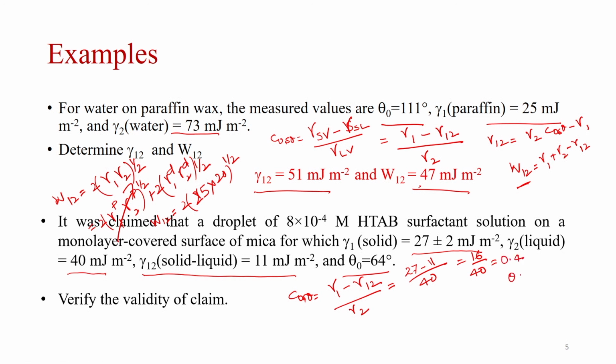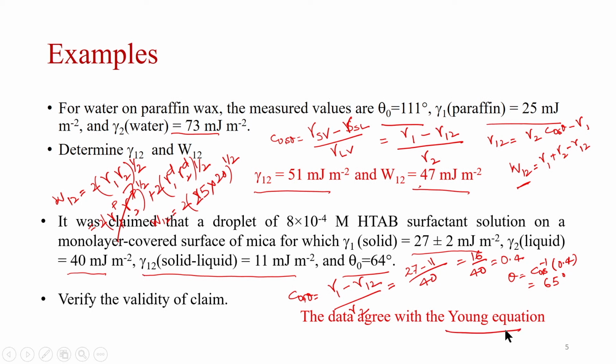If you calculate, theta is equal to cos inverse 0.4, which comes out to be very close to 65 degrees. The claimed value is 64, so the data presented is valid, or you can say the data agrees with Young's equation. In this way, we can interplay between the surface tension, surface energy, interfacial energy, as well as the contact angle or the wettability.